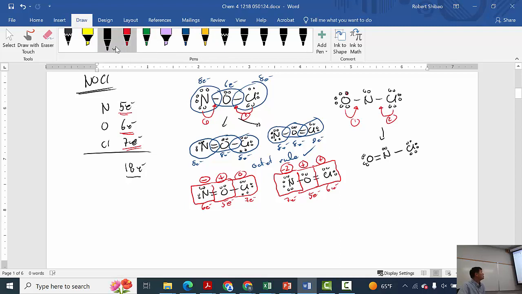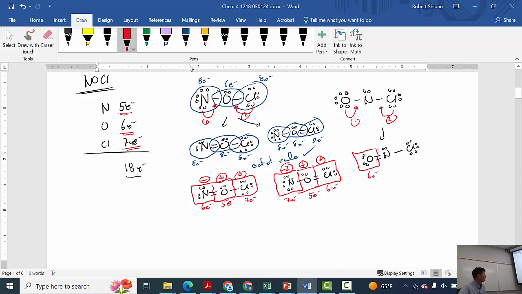Okay, now let's look at the formal charges here. I'm going to split the bonding electrons down the middle and then count. How many electrons does oxygen end up with here? 1, 2, 3, 4. The lone pair belongs entirely to it, and then half of the double bond. 6.